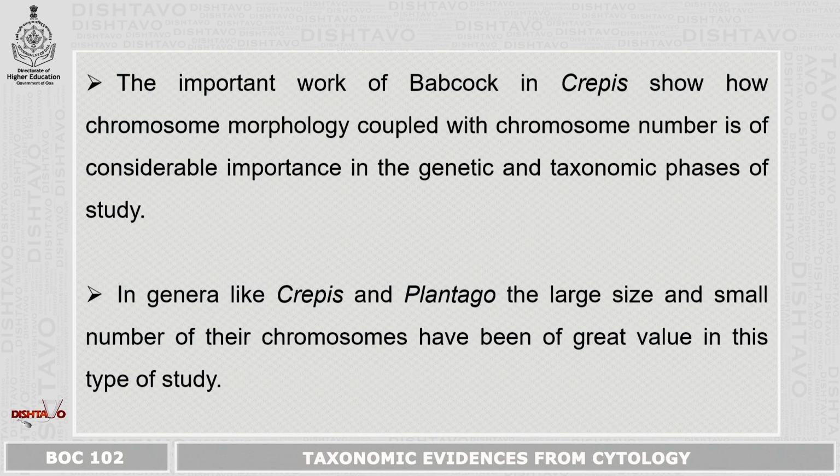Now this important work of Babcock on Crepis shows how chromosome morphology coupled with chromosome number is of considerable importance in the genetic and taxonomic phases of study. In genera like Crepis and Plantago, the large size and small number of their chromosomes have been of great value in this type of study.